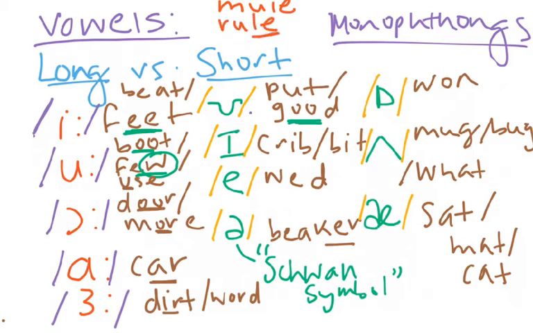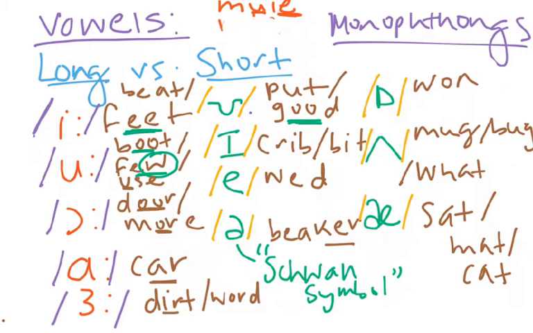These words have an LE at the end, and we have a vowel before it, a U. Later we have a rule for the consonant LE syllable. We like to think that the LE makes this vowel U a long vowel. For example, rule, that's another long U sound, or mule.